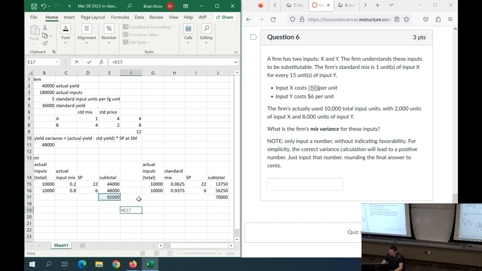And so we can subtract these, this minus this, we'll get a positive, and mix is not weird like yield. Unfavorable. So positive means unfavorable. 22,000 unfavorable should be the answer there.